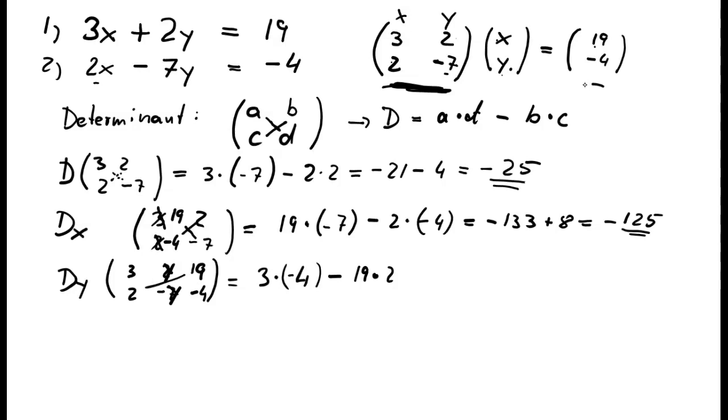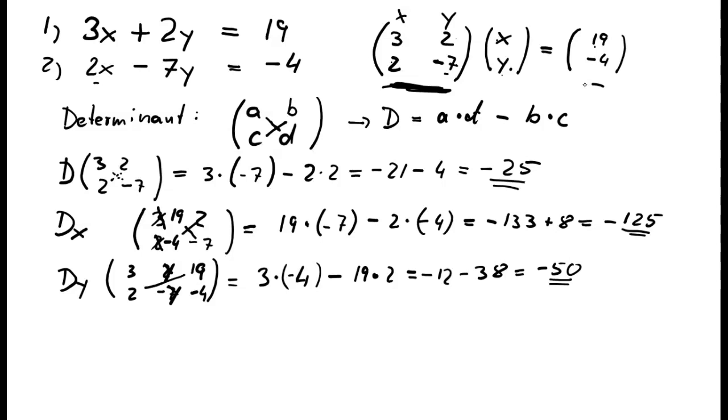So what do I get here? 3 times negative 4 is negative 12, minus 38. And that would give us negative 50. So that is the determinant for y.